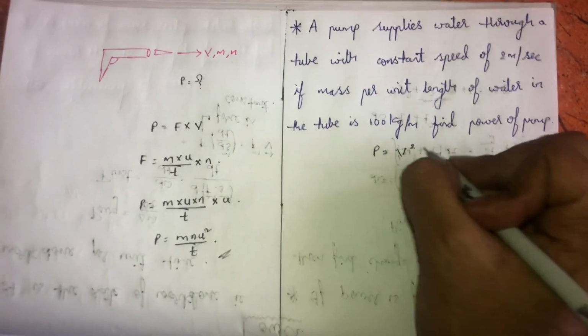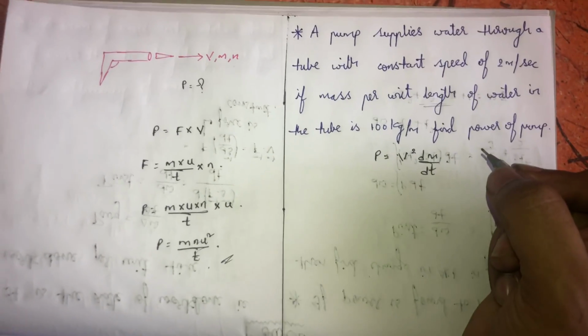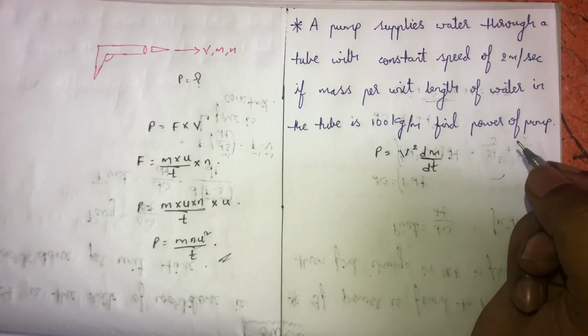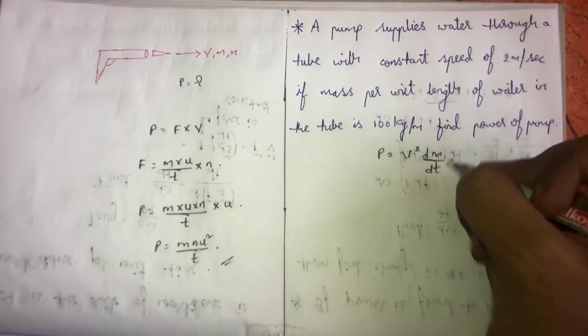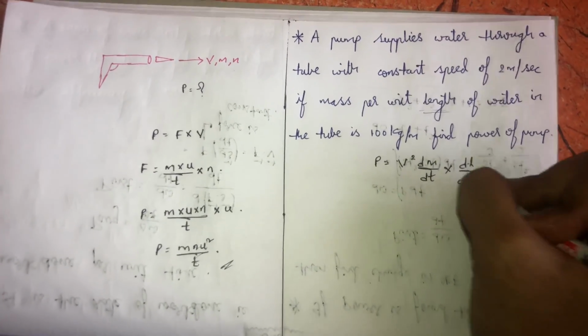V square dm by dt. But they have given mass in terms of mass per unit length, so I will multiply dl in the numerator and denominator.